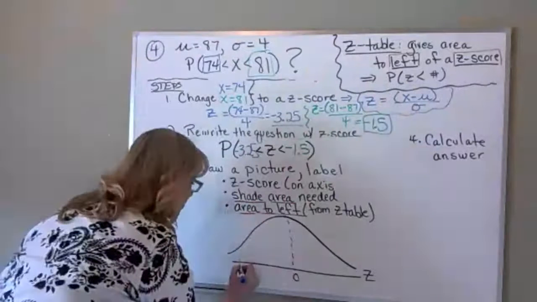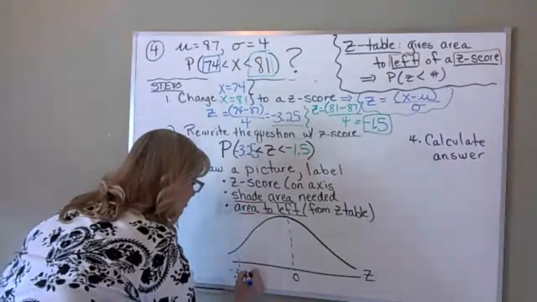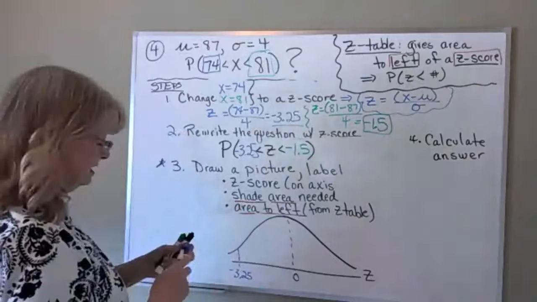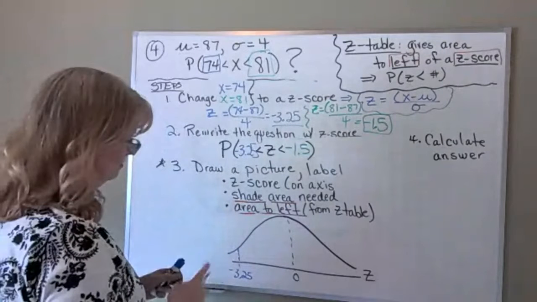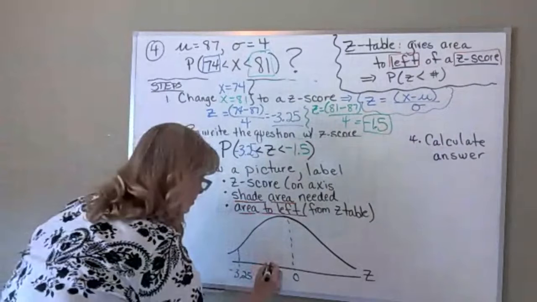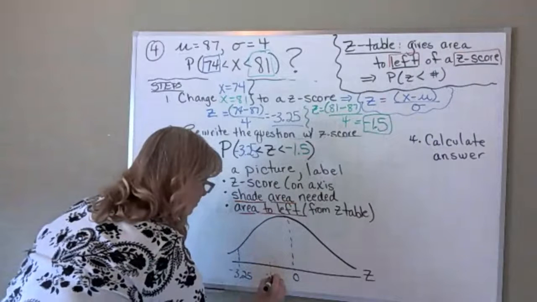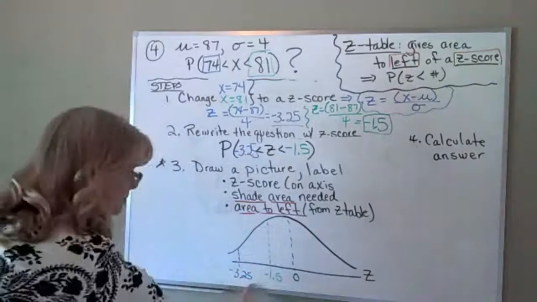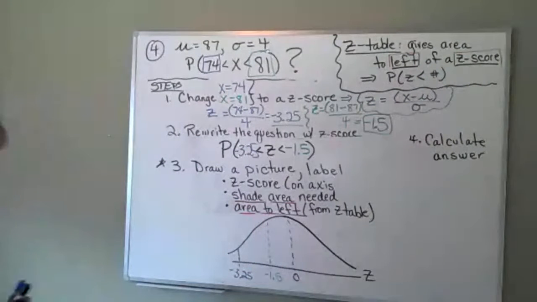So negative 3.25 should be further to the left than negative 1.5. So there's where I put the z-scores on the axis.